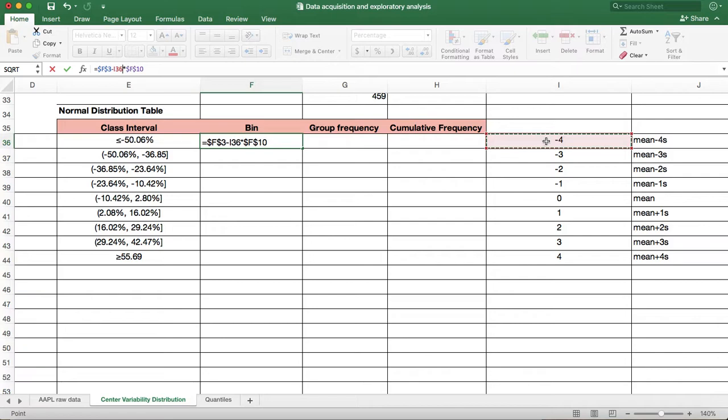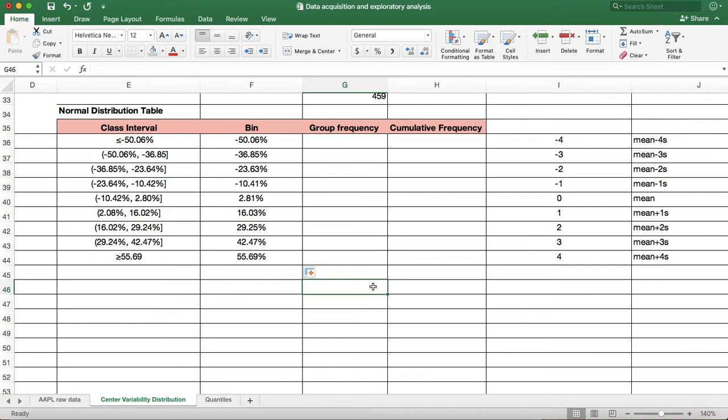Just click here and change the minus to a plus. So, return. Okay. So we just need to write down, and we got the bin.